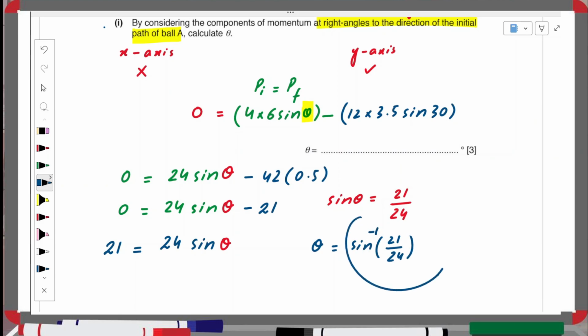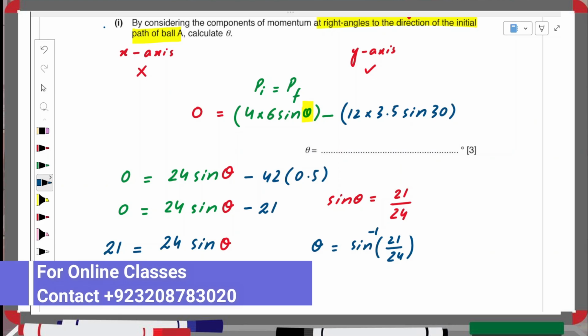Can someone do this on the calculator? Sine inverse, then press the fraction symbol, and 21 divided by 24. Sir, 61.04. Okay, thank you, Ariba. So we have 61.04.